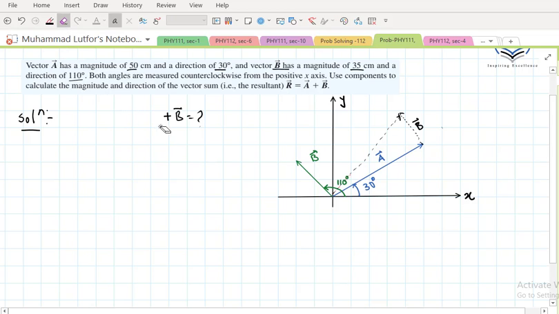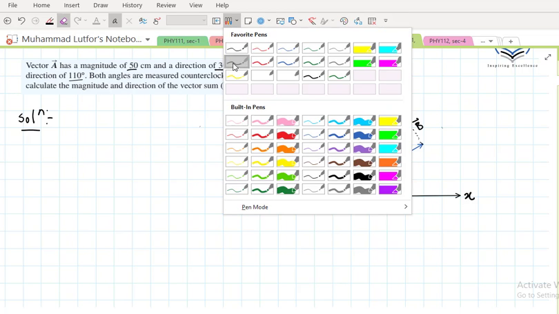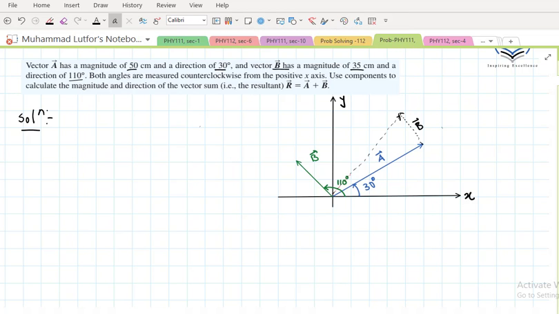So that means I have to find the components of vector A and B in the two directions, x and y axis. So I'm going to split vector A and B in the two dimensions x and y axis.